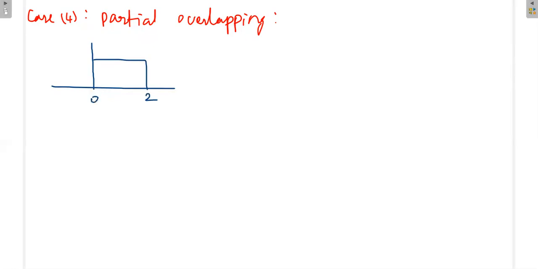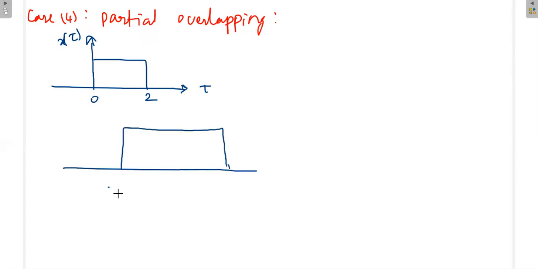So this is partial overlapping. I put it like this: minus 1 plus t, 2 plus t. This is h of t minus tau. The amplitude here is 2, whereas the amplitude of x of tau is 1.